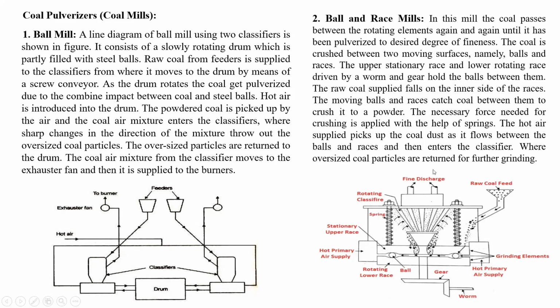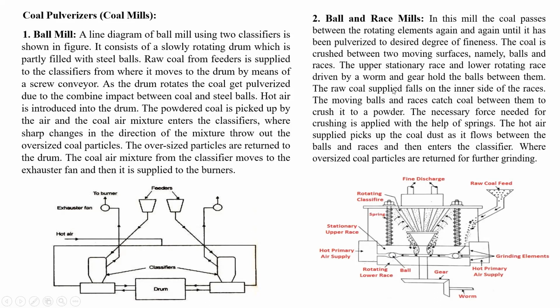First I explain this figure. In this mill the coal passes between the rotating elements again and again until it has been pulverized to the desired degree of fineness. The coal is crushed between two moving surfaces, namely the balls and the races. The upper is the stationary race, and the lower race is rotating with the help of a worm and worm gear mechanism.